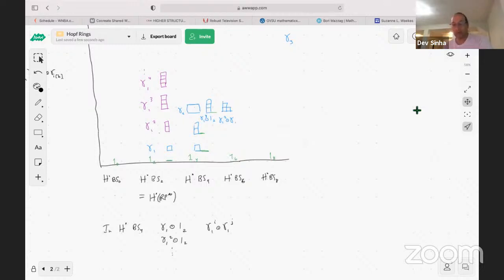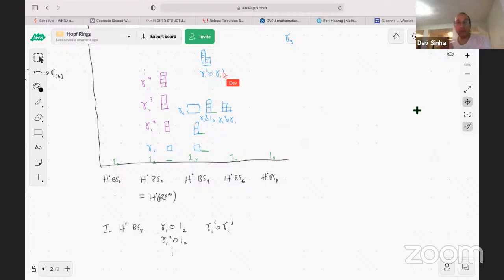There's one other thing that we have, and you see the pattern: you've got some number of gamma 1s stacked and some other number of gamma 1s. So this is gamma 1 to the i transfer gamma 1 to the j.